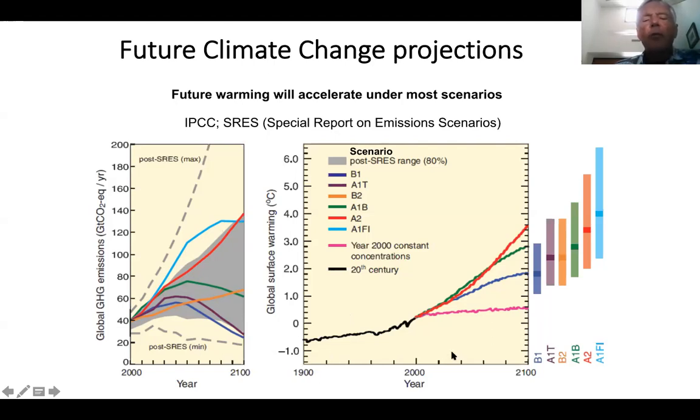And then over on the right are plots of what we project the global surface warming to be based on those different scenarios. So this black line shows the actual data out to a particular point, and then here we are at the time that these scenario analyses were run under different particular scenarios.